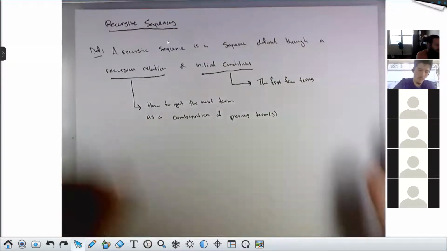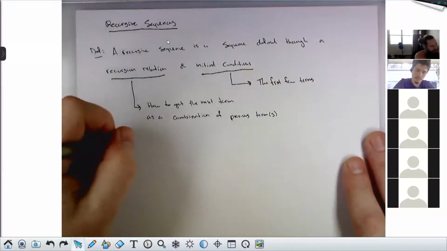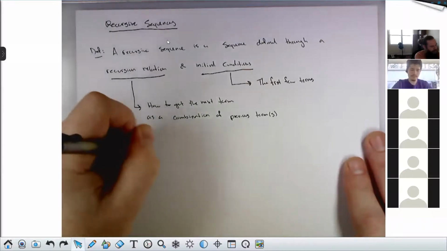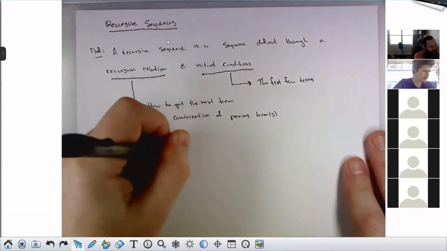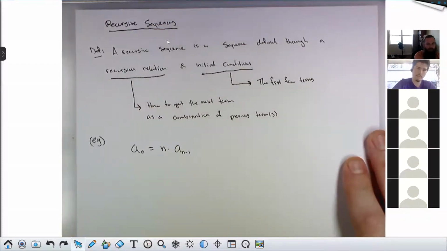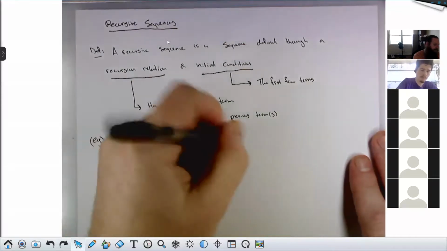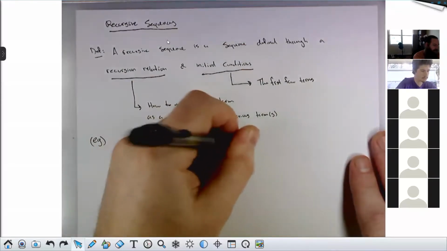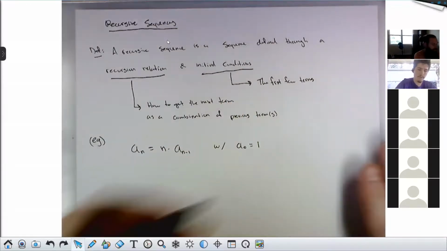So the factorial can be thought of as a recursive sequence where a_n is equal to n times a_(n-1). Together with the initial condition that a_0 is equal to 1, this actually defines the factorial sequence.